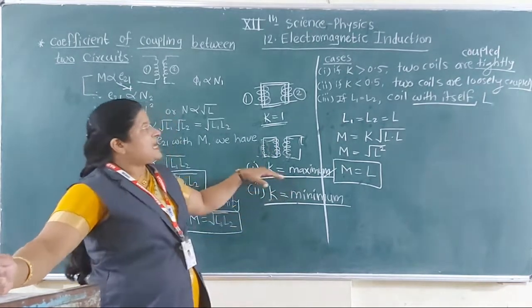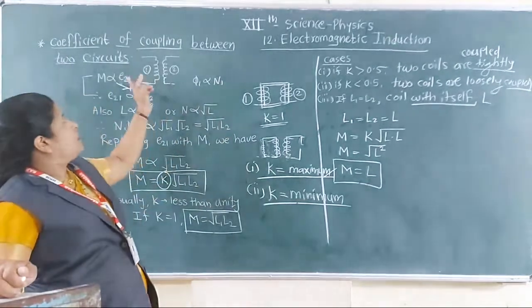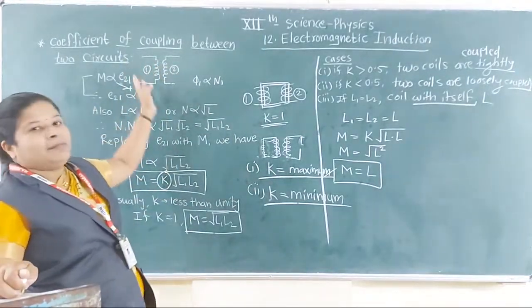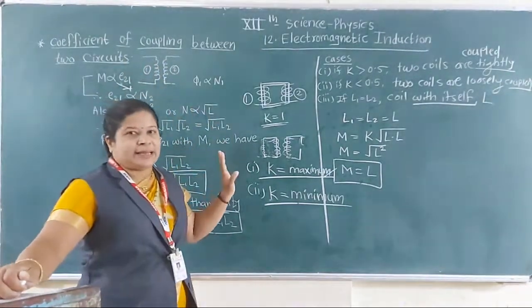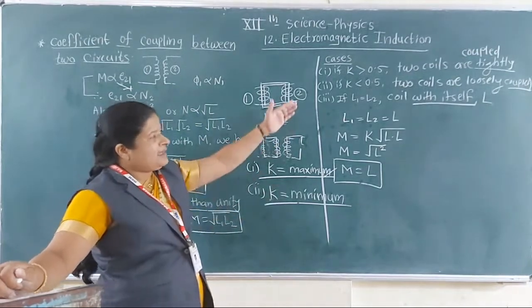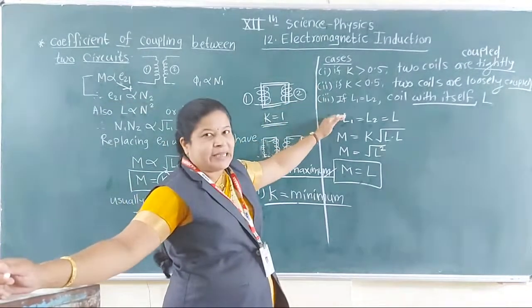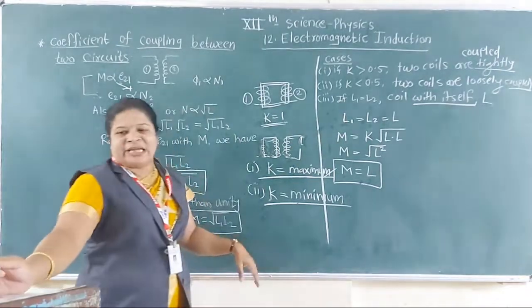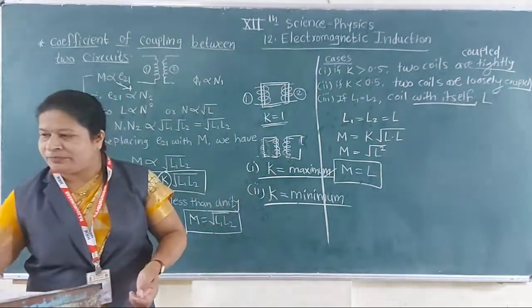So this is the value of coefficient of coupling between the two circuits, and these are the three cases. So the next point is the transformer.